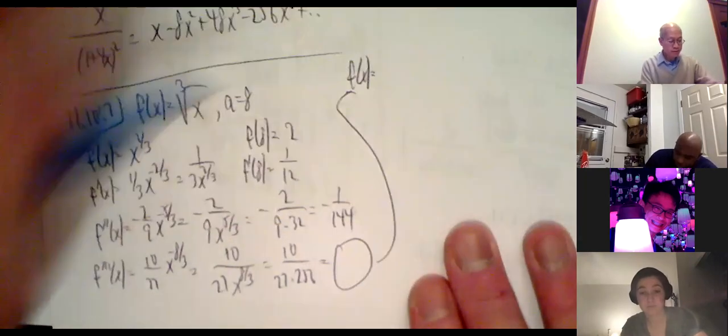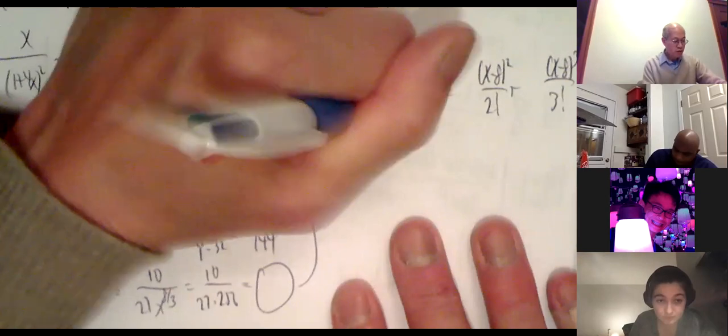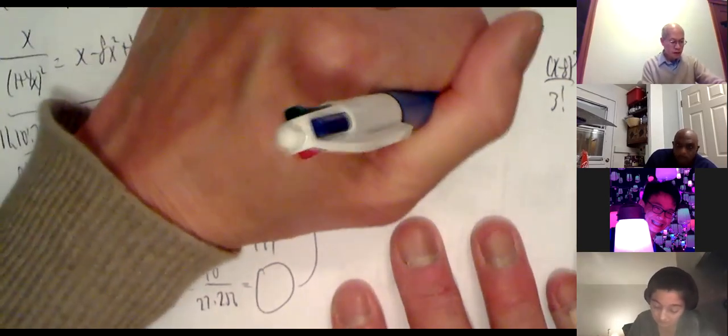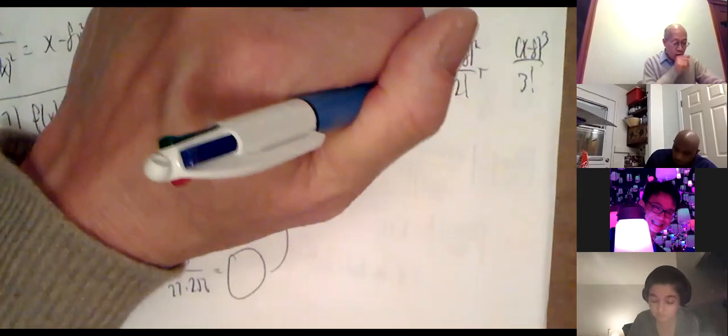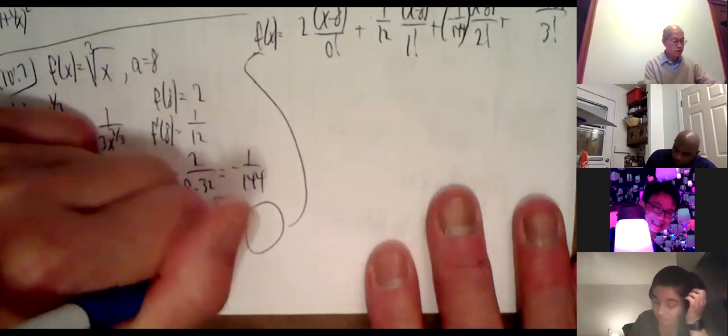So f of x: x minus 8 to the 0 over 0 factorial, x minus 8 to the 1 over 1 factorial, x minus 8 squared over 2 factorial, x minus 8 cubed over 3 factorial. 2, 1/12, negative 1 over 144, and then this thing, 5 over 27 times 128, and that's as much as I'm willing to do for that.